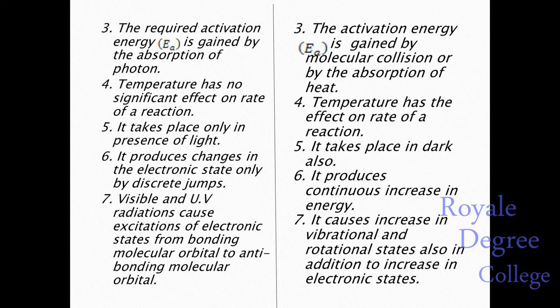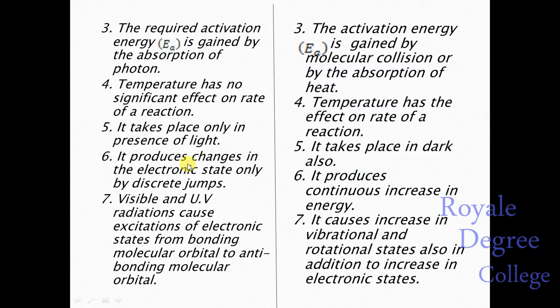In the photochemical reaction, temperature has no significant effect on the rate of reaction, but temperature has an effect on the rate in the thermal chemical reaction. Which reaction will take place only in the presence of light? Photochemical reaction. And the thermal chemical reaction will take place in the dark also.